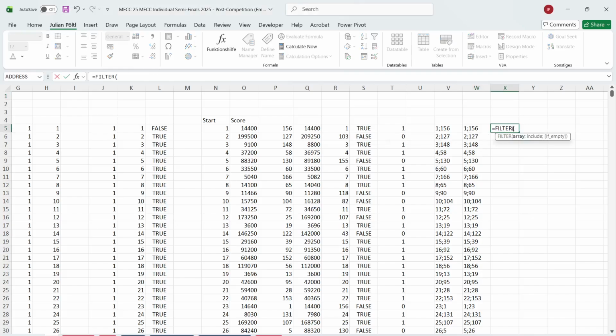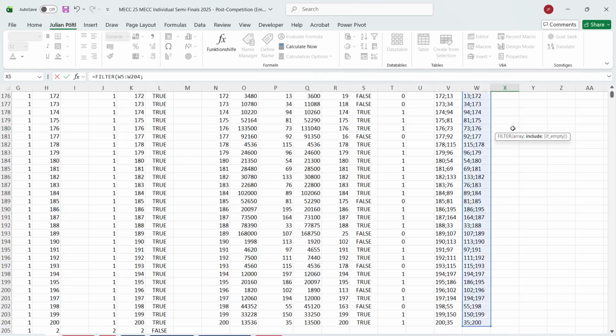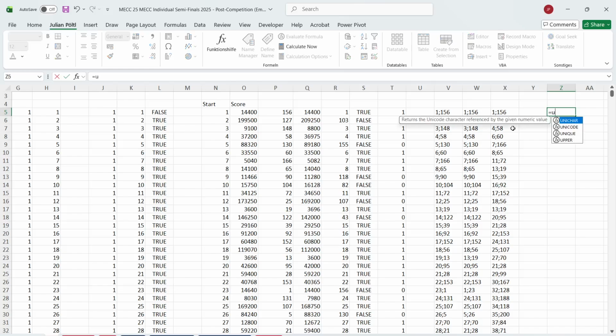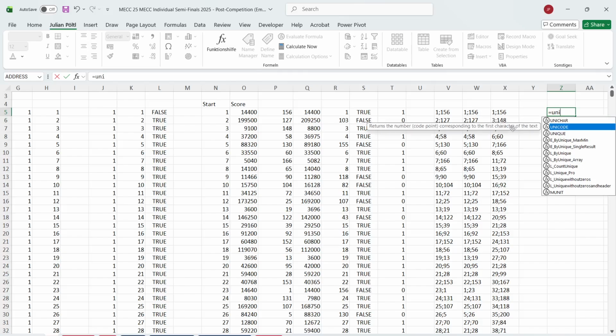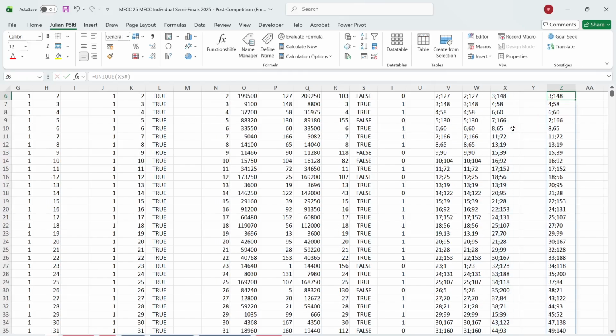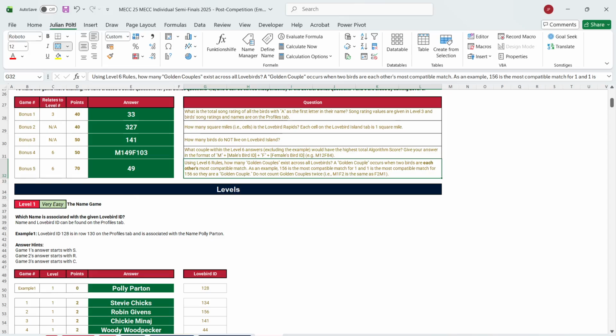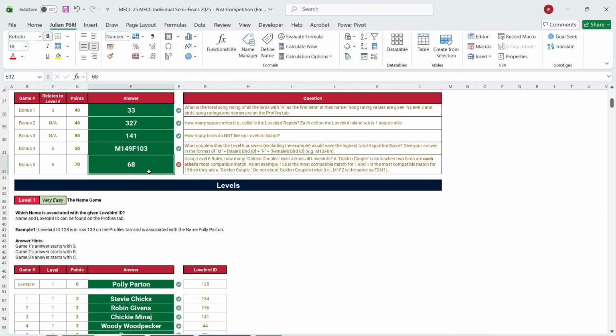And then filter. And unique. I'm closer, but I'm not there. I'm closer, but I'm not there.